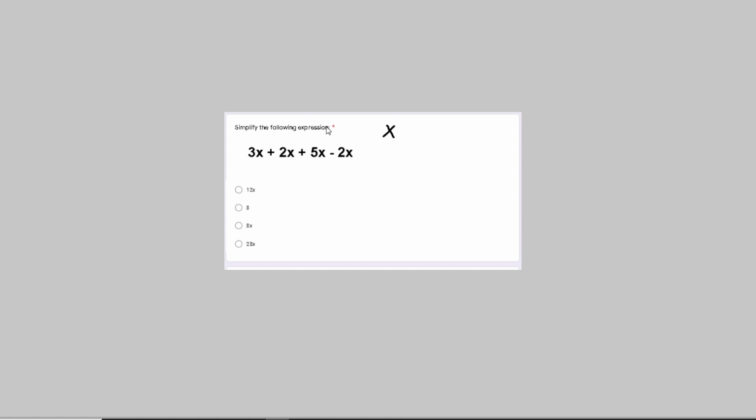That's in common for everything. So what we can do is we can just add up the different coefficients. Since these all have an x, we can just add up the blue coefficients.